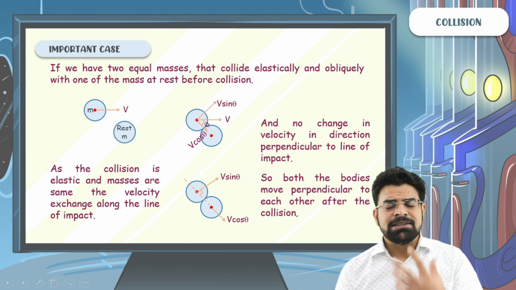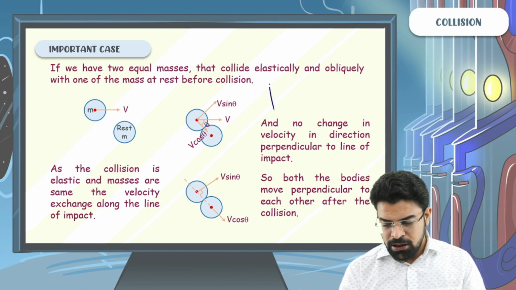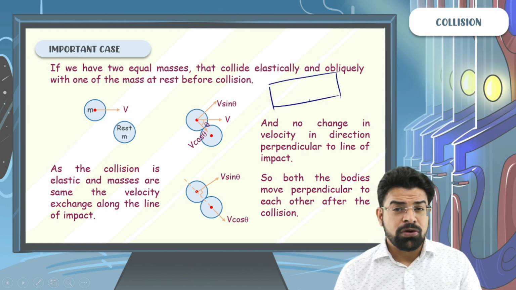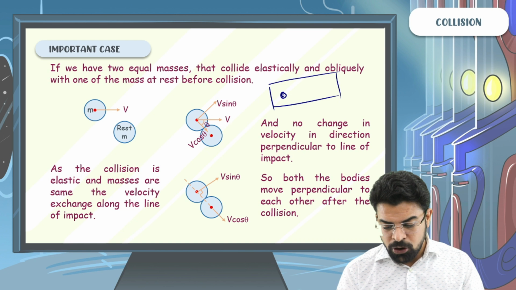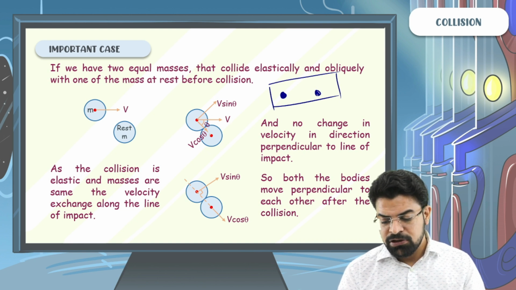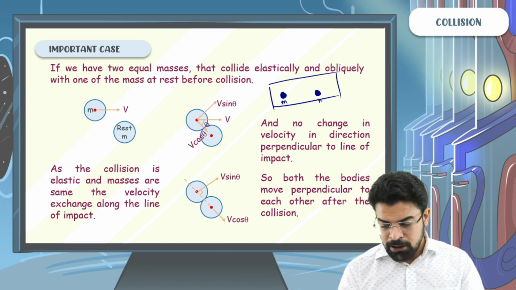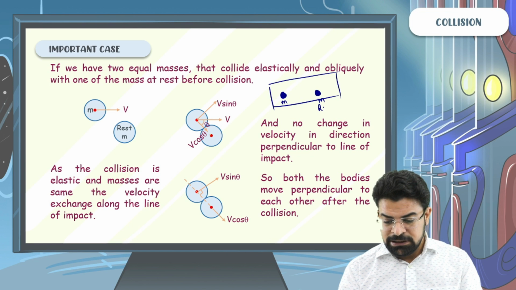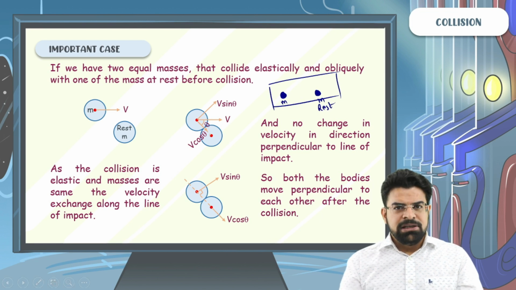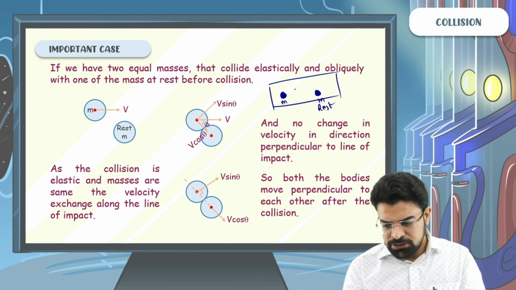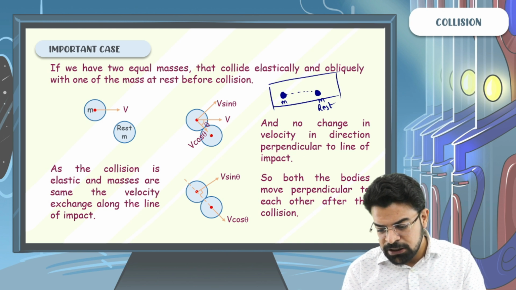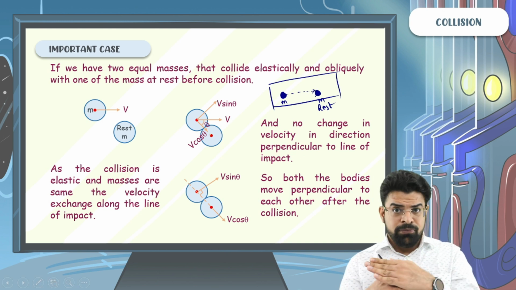You said that this case is important. Why? If you play pool or snooker or billiard, there is a white ball called the cue ball, and with this white ball we hit the other balls. All the balls have the same mass, so mass m. The ball you are hitting is at rest, and usually we take cut shots, so we do not hit center to center, we hit it obliquely.